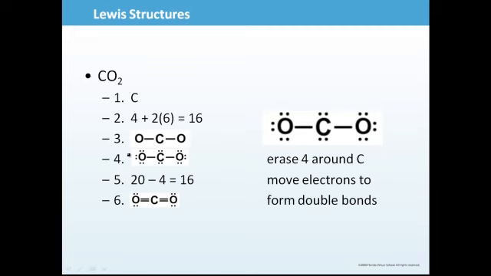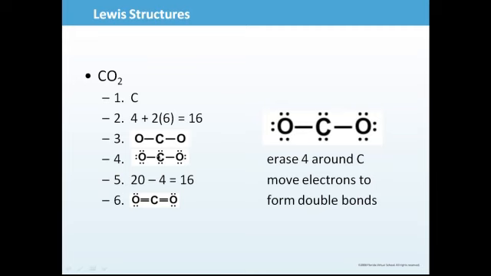Step 4 is we fill the valences for each atom. This oxygen, since it's already got 2 involved in the bond, will need 6 more valence electrons placed around it. That is true for the other oxygen on this end. We've got 2 there, 2 here, and 2 here.